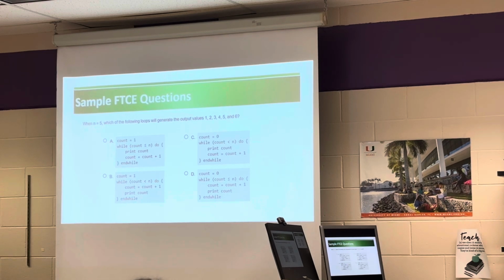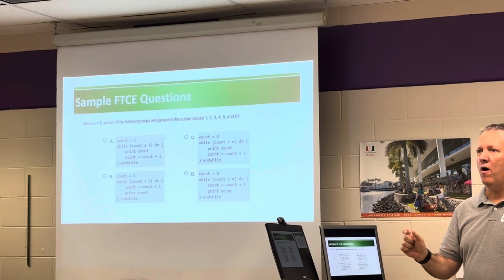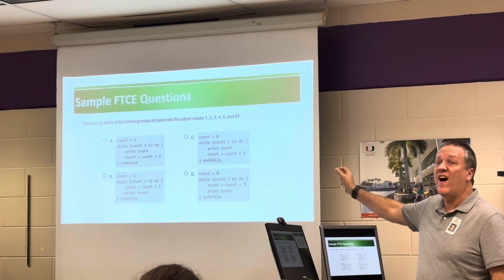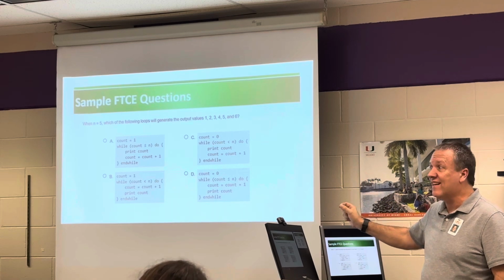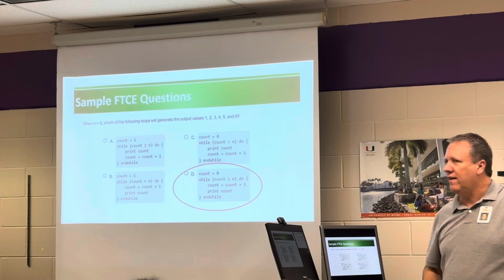D. D looks a little tricky, because look what it does first. Count is 0. But what's the first thing it does? Add 1 and then print it. So it prints out a 1. And then it prints out when it's less than 5. When it's 5, it's going to make it 6 and then print out 6. There's my circle. Yes, D is the answer.